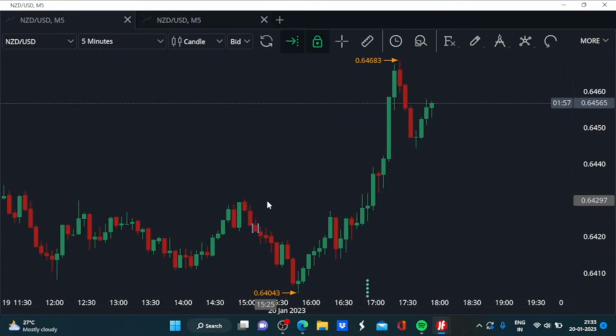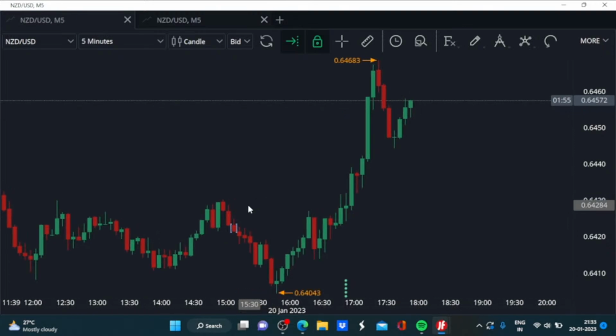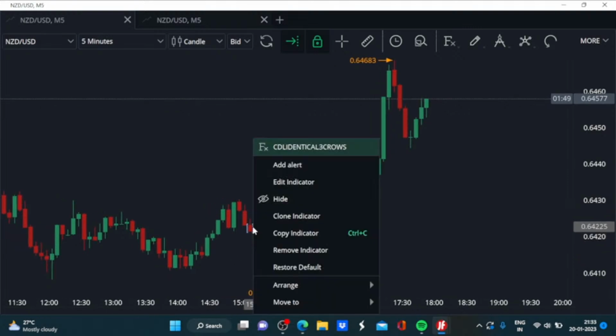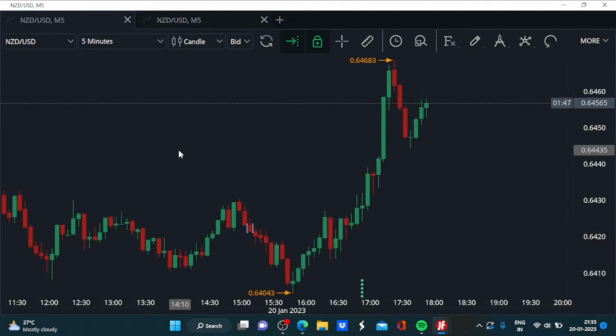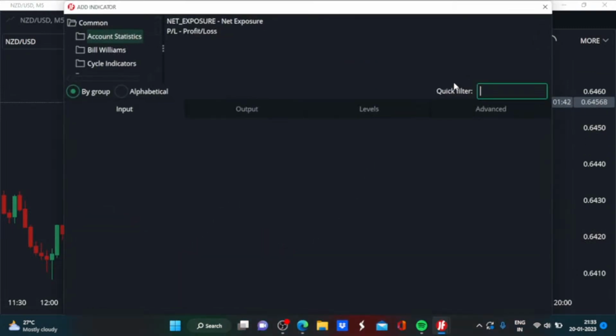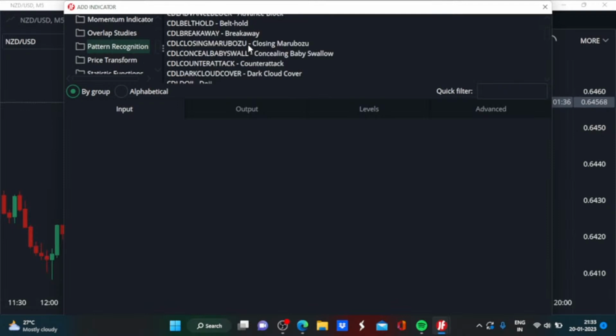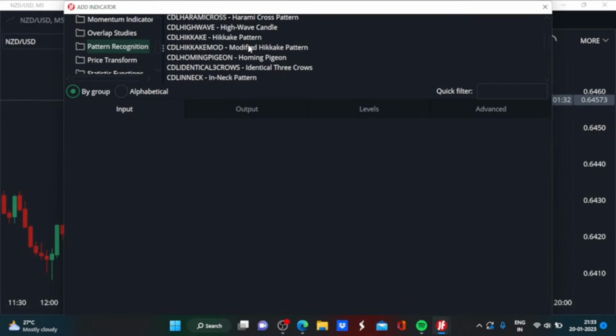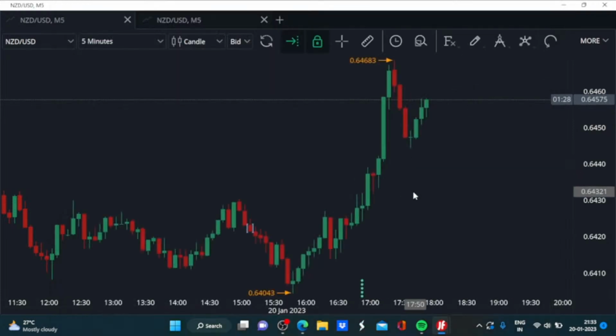Here, as the name suggests, we can see when this pattern formed. I have already added these identical three crows, and if you want to know where this can be found, just go to the add indicator option. Amongst the add indicator option, you will have to go to pattern recognition, and here you will have it below homing pigeon, which we saw in yesterday's session.